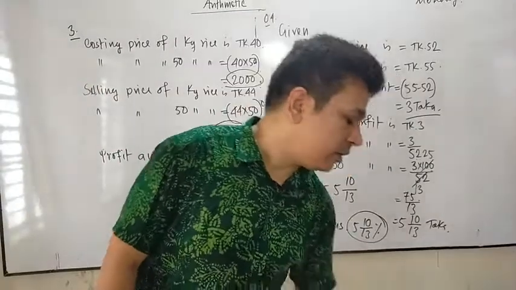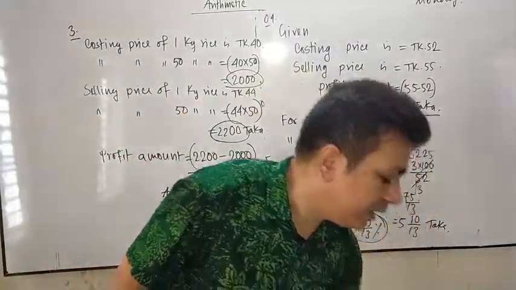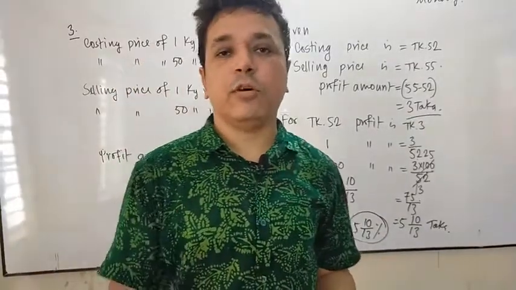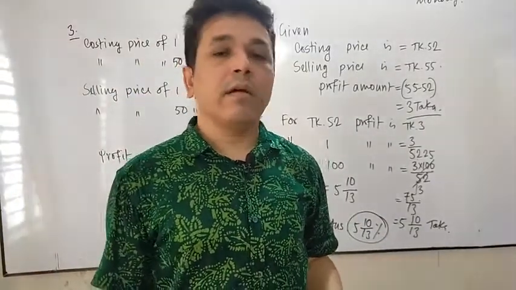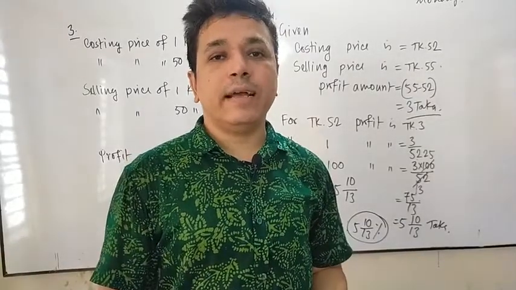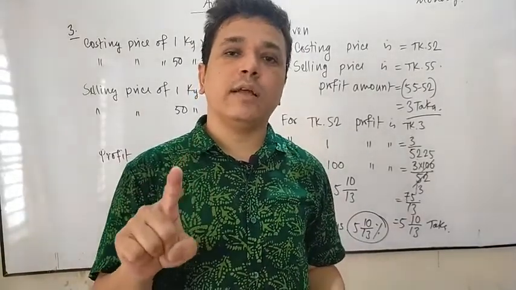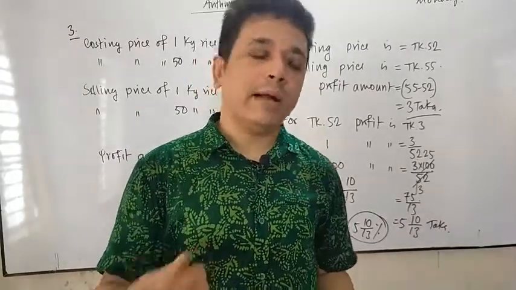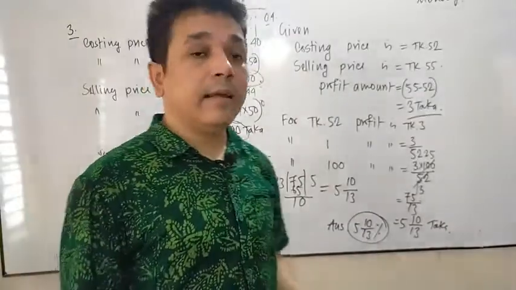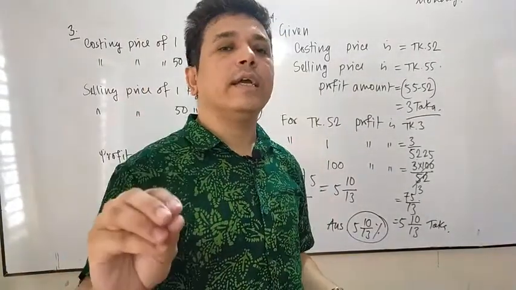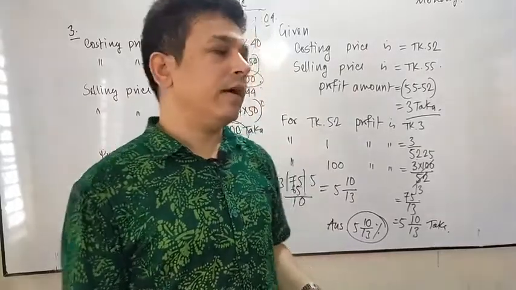So the buying price is 8 taka per chocolate and the selling price is 8.5 taka. So from 1 chocolate we get 0.5 taka as profit.